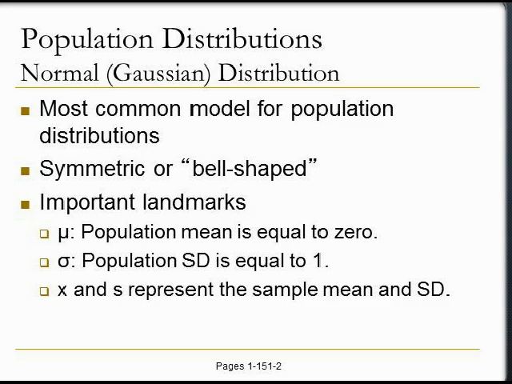The important landmarks for this distribution is that the population mean is equal to 0. This is a little bit of statistical lingo before we get into the practical side, and the population mean is referred to as mu. The population standard deviation is equal to 1.